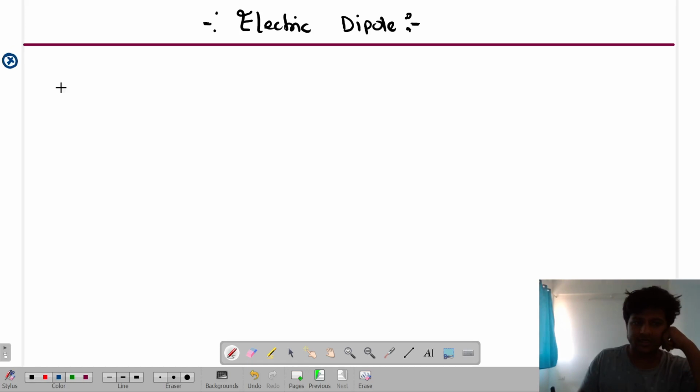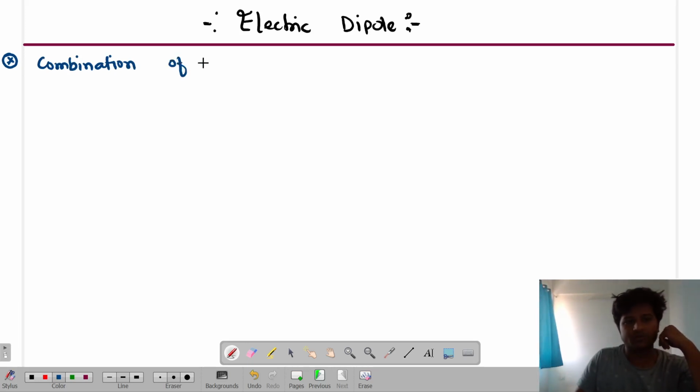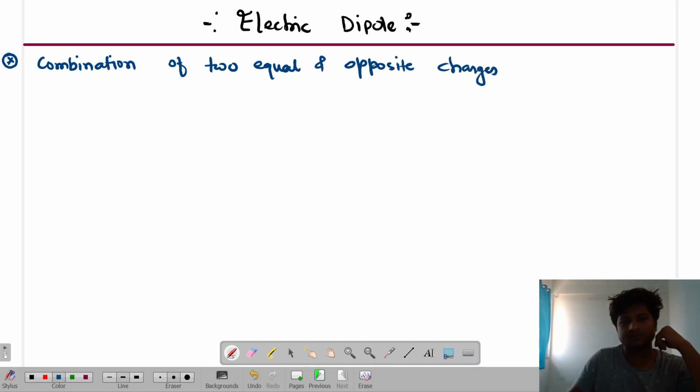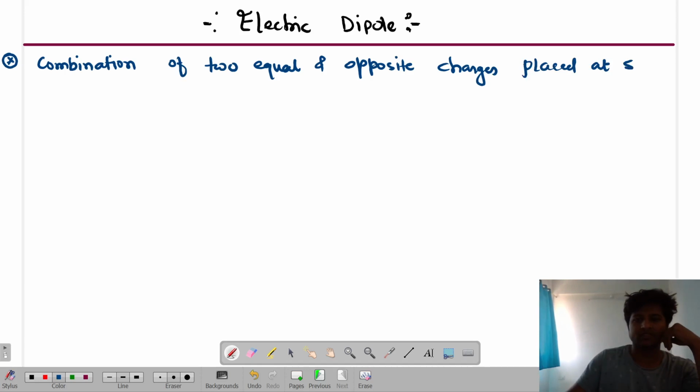So first thing, what is an electric dipole? Basically, it is a combination of two equal and opposite charges placed at a small distance with respect to each other.